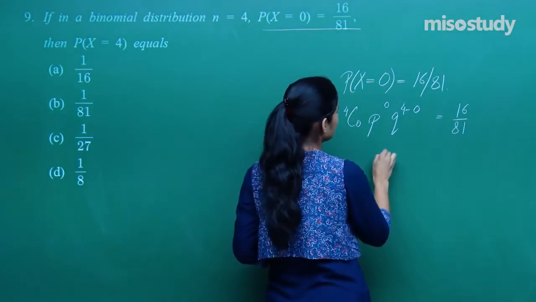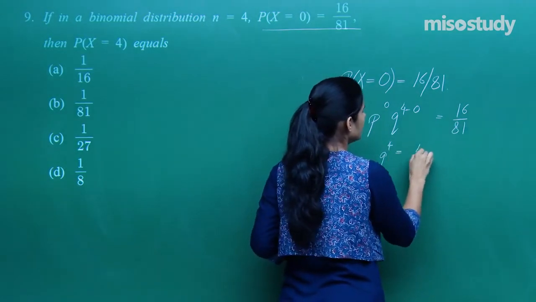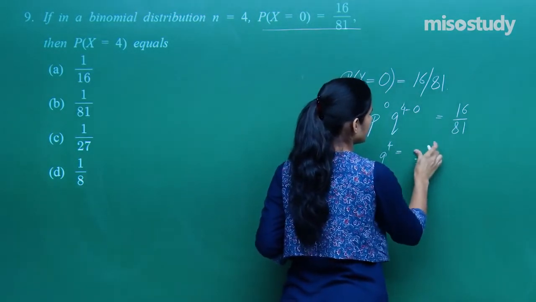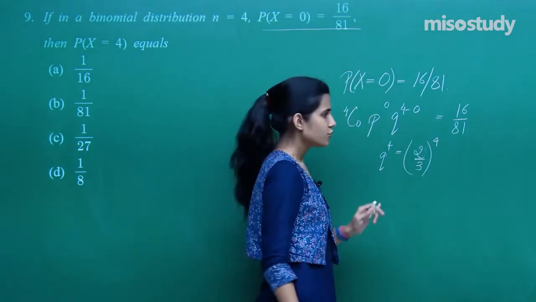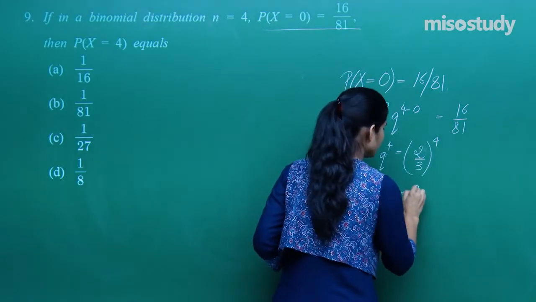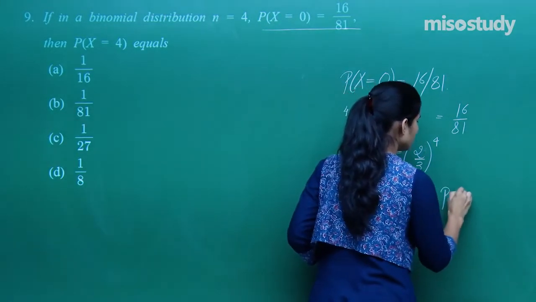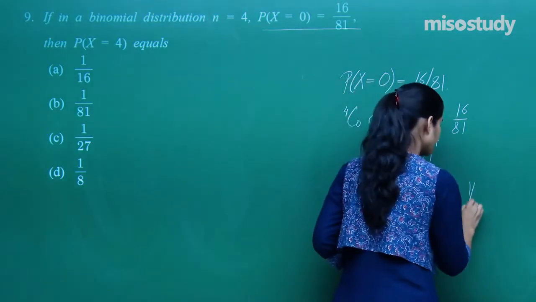So basically this becomes 1, this becomes 1, and q to the power 4 is 16 by 81. I can write it as 2 by 3 whole to the power 4. 2 to the power 4 is 16, 3 to the power 4 is 81. So q comes out to be 2 by 3. P comes out to be 1 minus 2 by 3, which is 1 by 3.